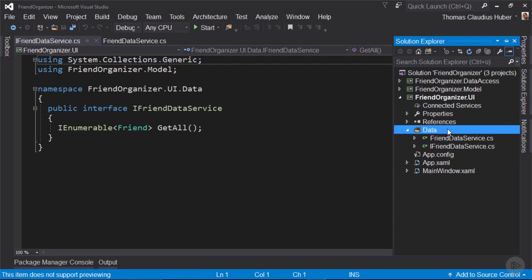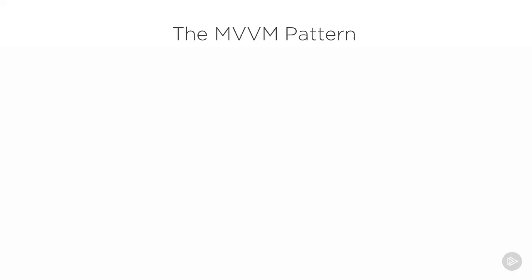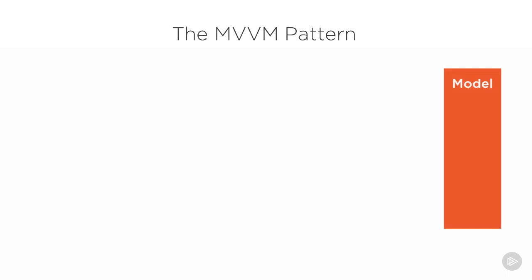Before we create the view model and the view, let's take a look at the MVVM pattern. The Model View ViewModel pattern, or short MVVM pattern, is a state-of-the-art pattern that is not only used in XAML-based applications. In MVVM you have a model, which is in our case the Friend class with properties like first name and last name.